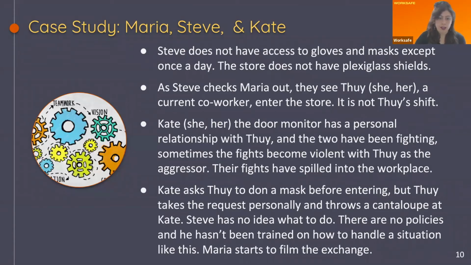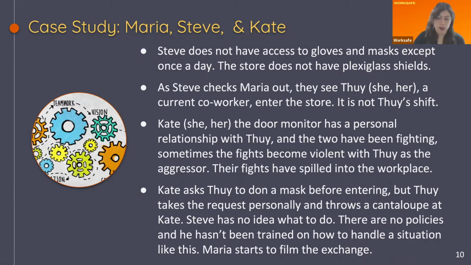Steve does not have access to gloves and masks except once a day. The store does not have plexiglass shields. As Steve checks Maria out, they see Twee, pronoun she/her, a current coworker, enter the store. It is not Twee's shift. Kate, the door monitor, has a personal relationship with Twee, and the two have been fighting. Sometimes the fights become violent with Twee as the aggressor.